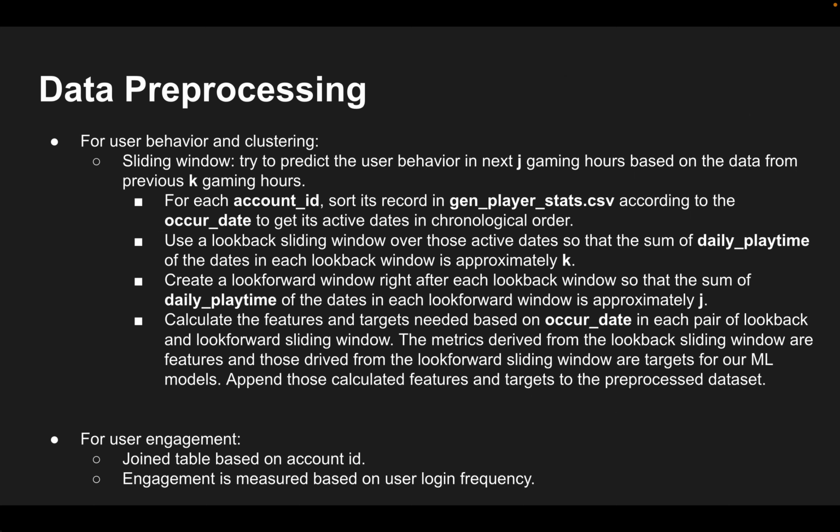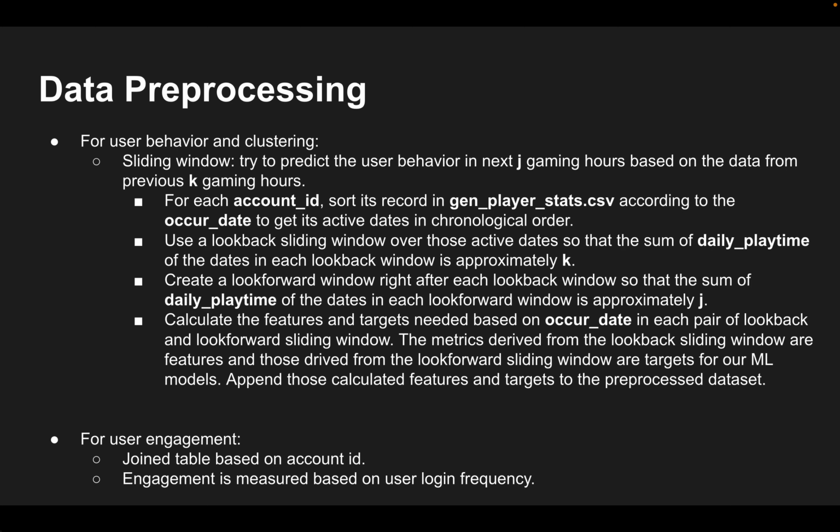We have three spreadsheets, but we want to transform into a single spreadsheet that we could use to perform further data analysis. So we apply a data pre-processing approach called sliding window. We are interested in predicting the user behavior in next J gaming hours based on the data from previous K gaming hours. That's why we apply a sliding window over the daily playtime of each user in their active dates.